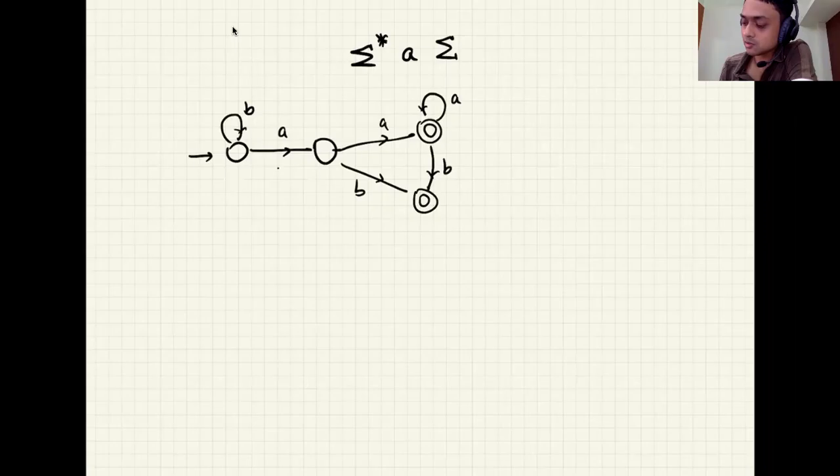So each time I reach an accepting state, I reach from a state which has seen an A. So that is the point.